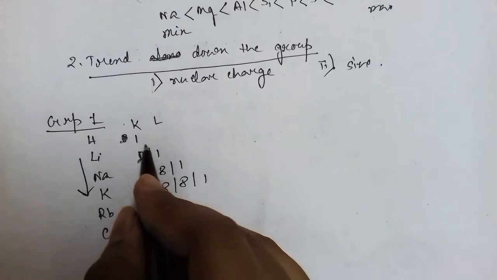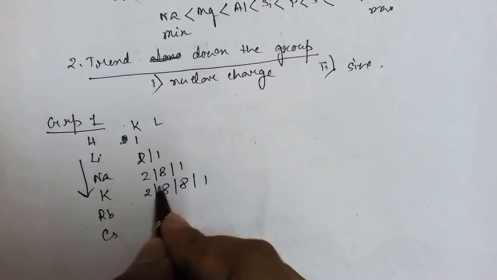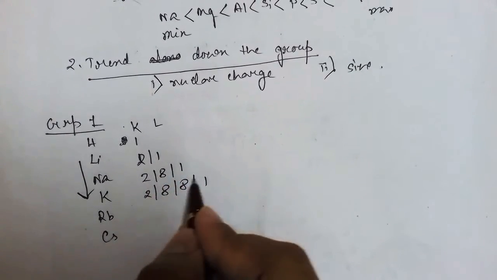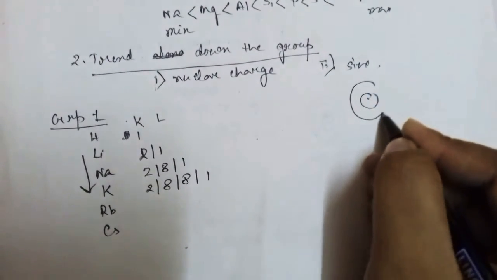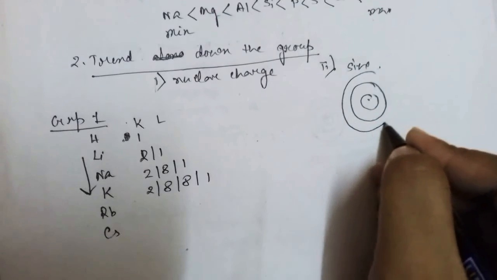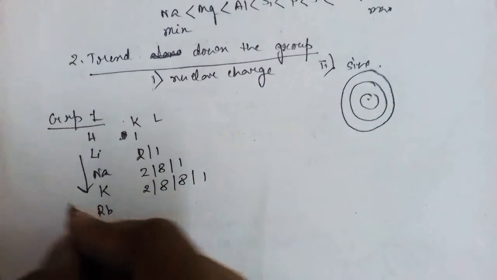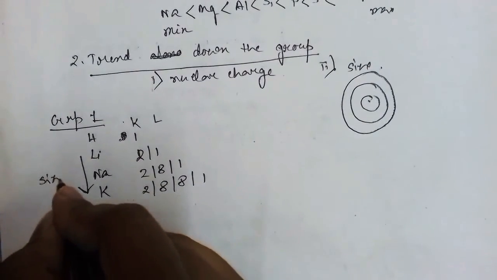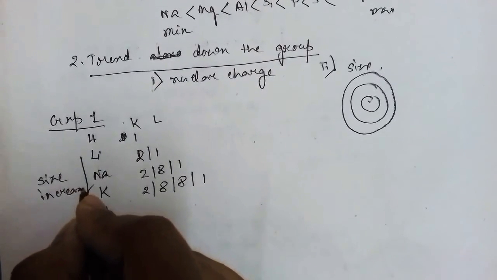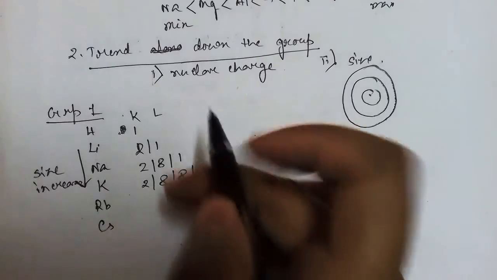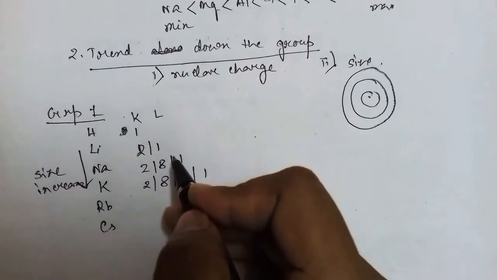The number of shells is increasing, right? An increasing number of shells means the size is also increasing. So down the group, size increases.